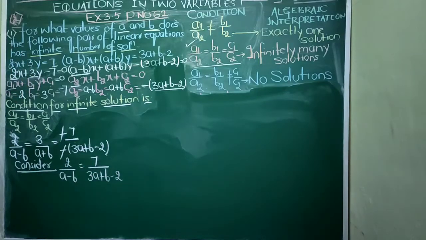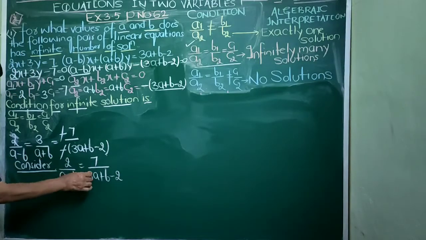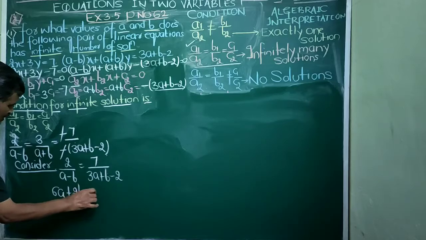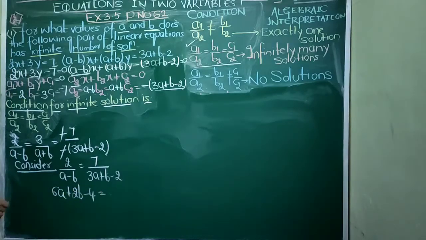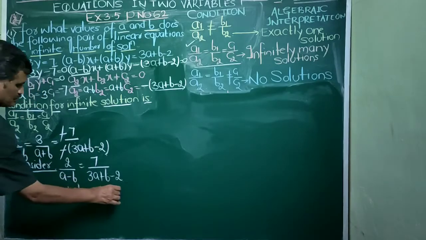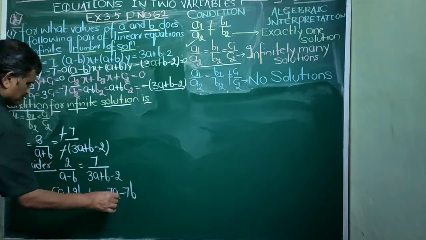Let us see what happens. 2 3s are 6, 6A plus 2 into B is 2B minus 4, and this if I multiply, then this is 7A minus 7B.